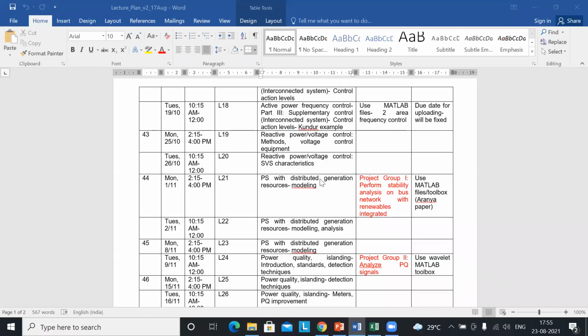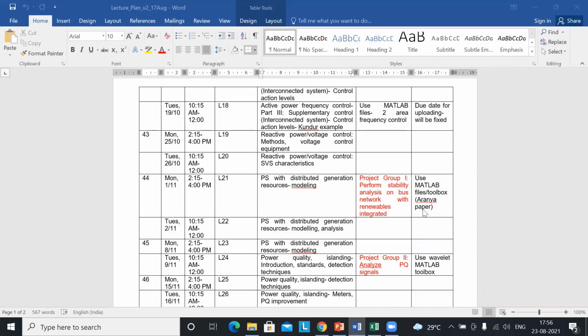Now, with this respect, I have the project group. In this case, you have to decide yourself to work on a project as a group. You can have 2 students or 3 students in a group, and then you can work on stability analysis of a power network, bus network, renewable integration.